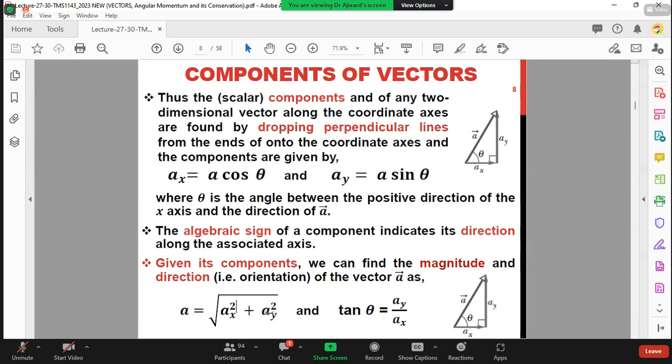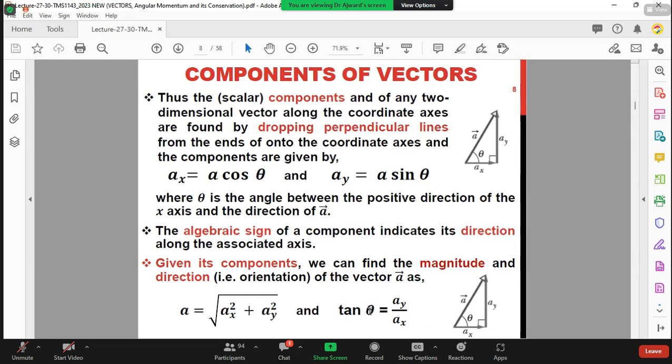You just use the Pythagoras-like formula. This length is Ax, this length is Ay. So the magnitude A is the square root of Ax squared plus Ay squared. The tan theta is given by the y component divided by the x component.